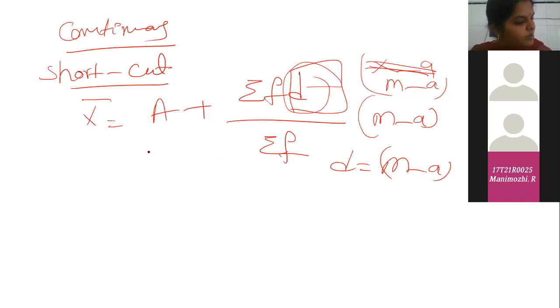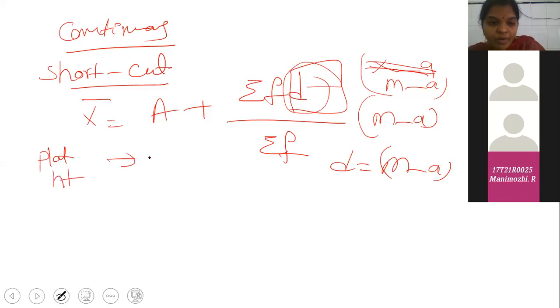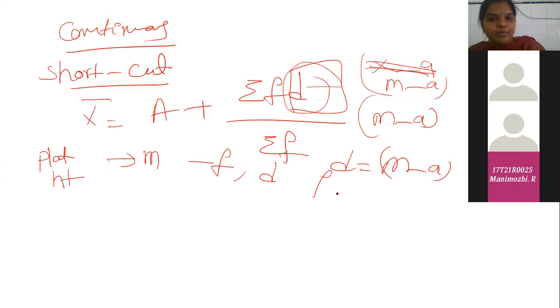Write one problem. Plant height, same problem, just copy it. Calculate the arithmetic mean from the following data. Same problem, plant height, same data. Then after writing plant height, you have to write midpoints, then frequencies, then small d, then FD.